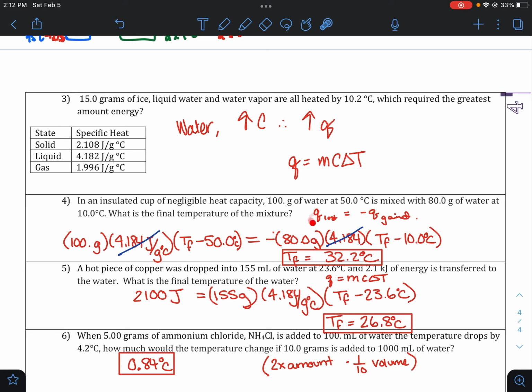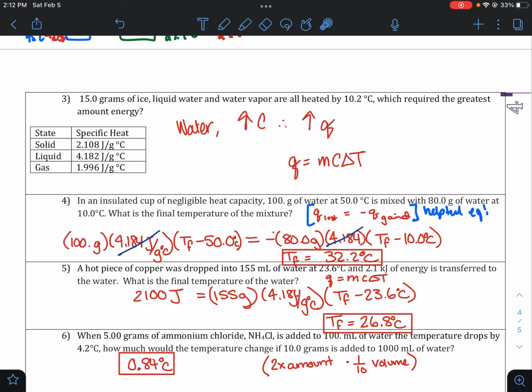Q lost is equal to negative Q gained. That is an always and forever, so when you're making your review sheets, that would be a helpful equation to write: Q lost is equal to negative Q gained.